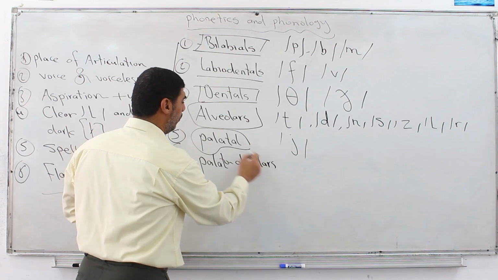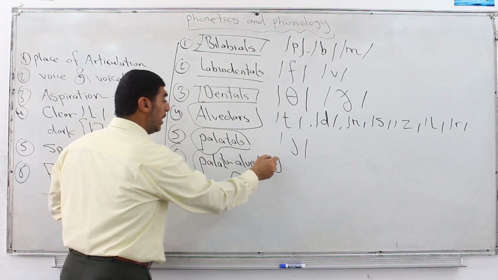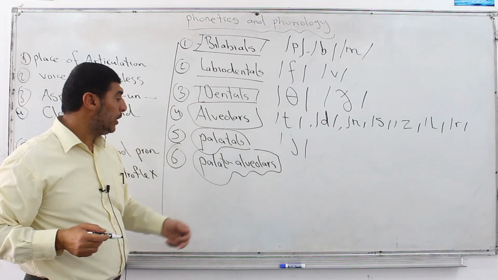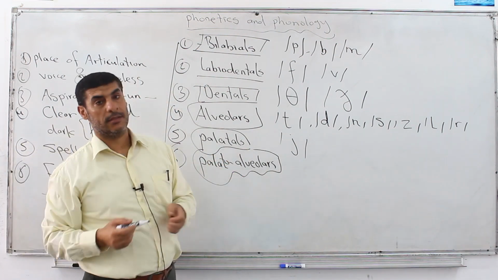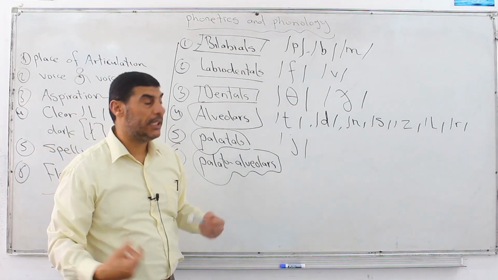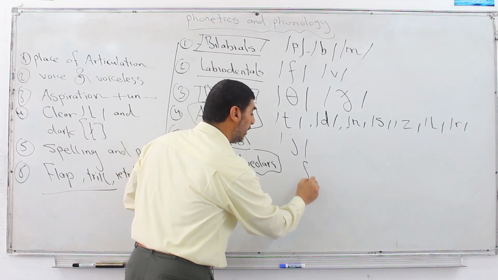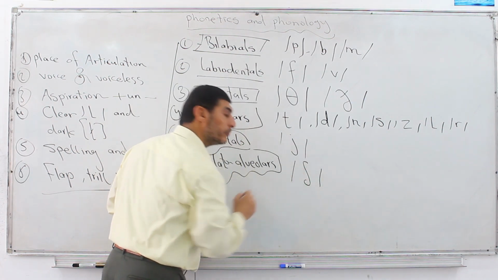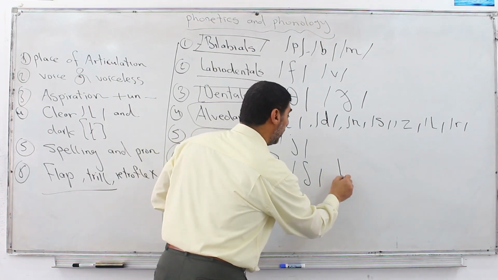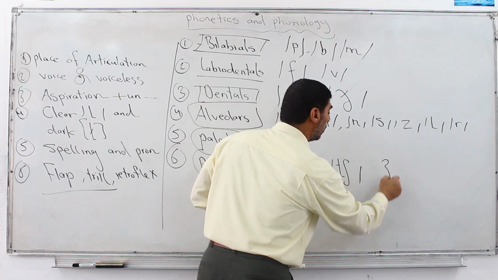And then we have number 6, palatoalveolars. A palatoalveolar sound looks like a palatal, but with a slight difference. Okay, this is sha, and we have ch, and we have j.